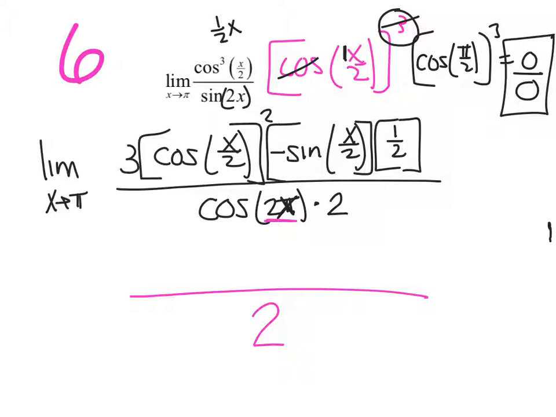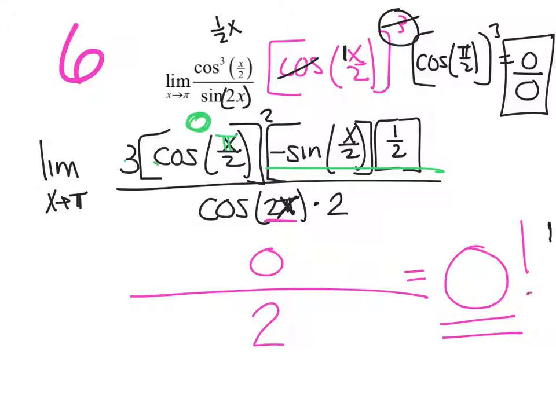So there's the denominator, nice and easy. Let's see, in the numerator, I'm going to get the cosine of pi over 2. So the cosine of pi over 2, if I picture that, is 0. And that's wonderful, because if this is 0, 0 times 3 times, really, who cares, is all going to be 0. And 0 divided by 2 is not indeterminate. 0 divided by anything has a final answer of 0.